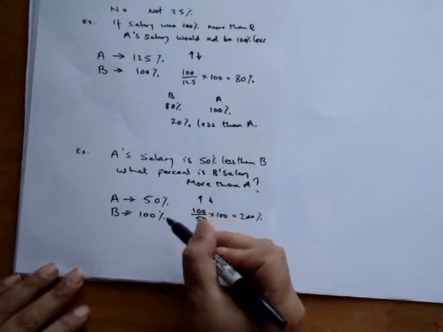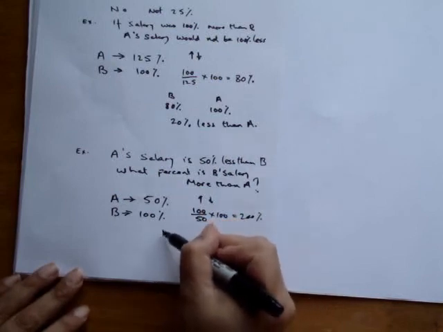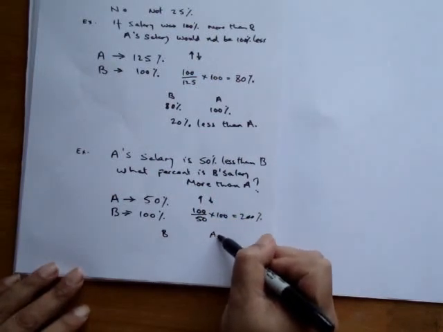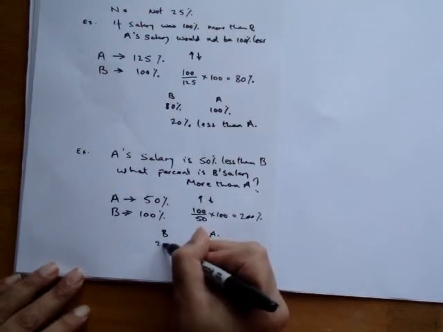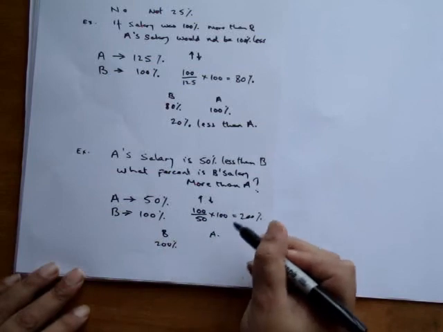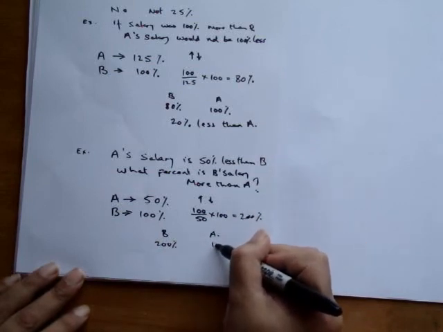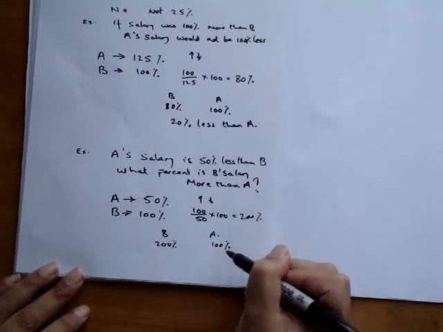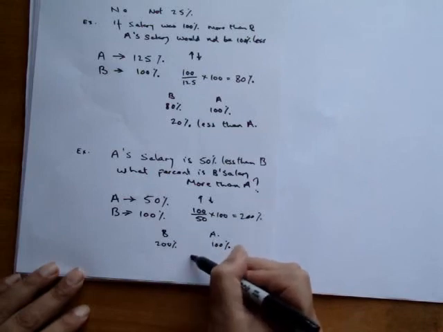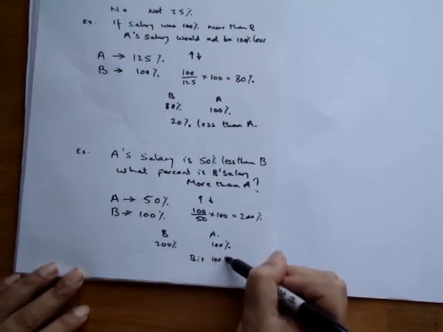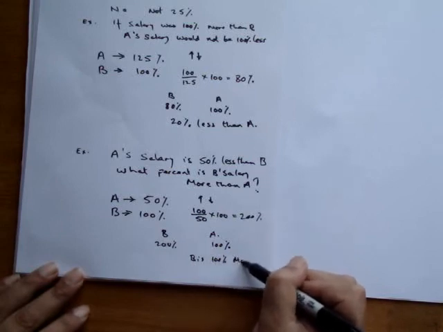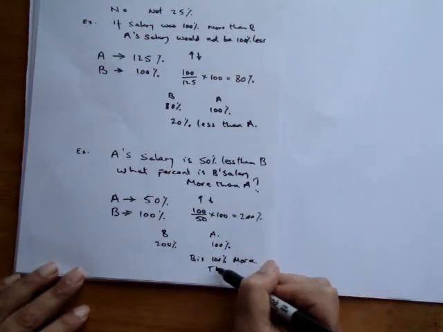So B's salary is 200%, A's salary is 100%. So B is 100% more than A.